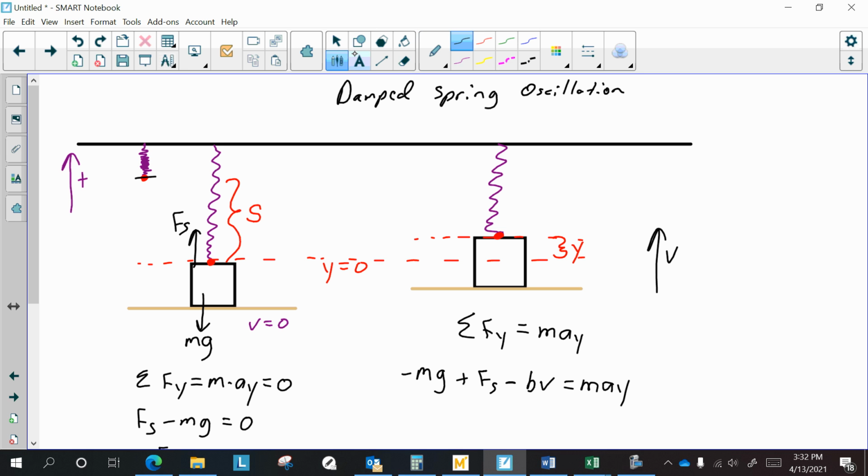So let's go back and talk about the force from the spring. When we lift the spring up, keep in mind that here at this point, our stretch is 0. And at equilibrium, our stretch is that amount, s. So if we move the block up, then the amount of stretch that's applied is this part here.